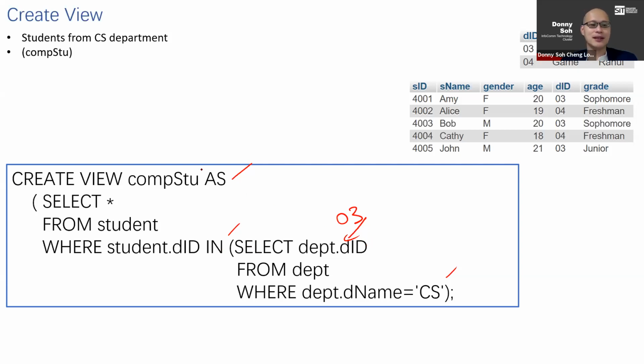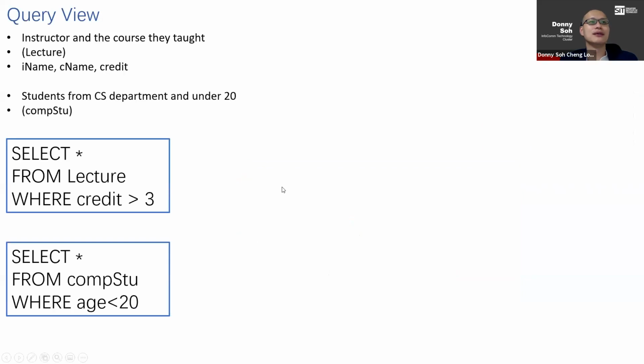Finally, we create the view of my students where the department of my student is in 03, which happens to be the department ID of my computer science department. That's it for this view.